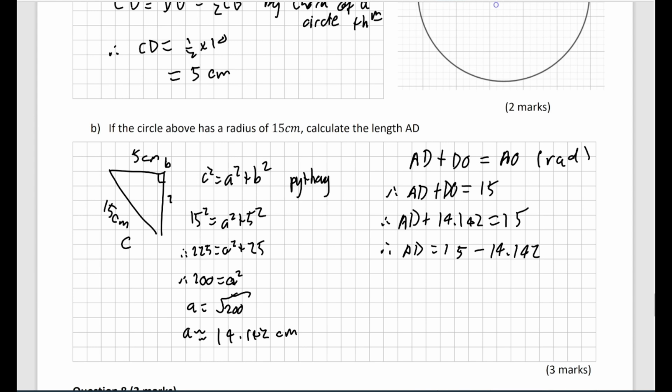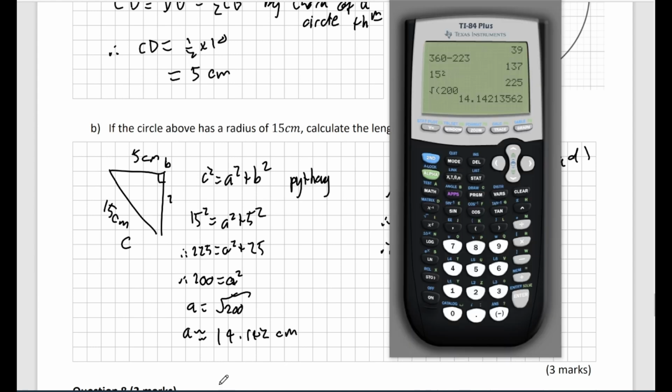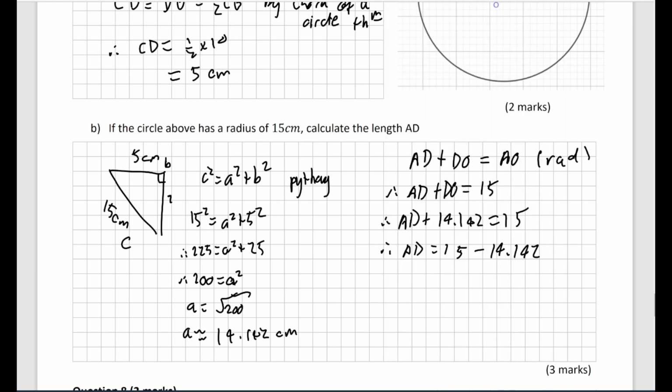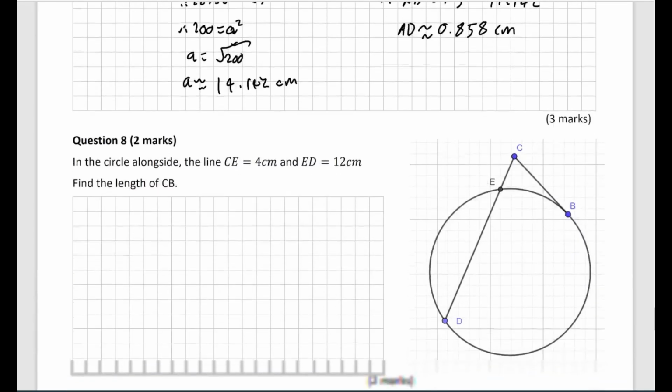And we'll see what we get here. 15, take our answer that we just got. It's going to be 0.858 centimeters. Notice I've used the squiggly equal sign. That's because I've rounded. That's really important for your notation.